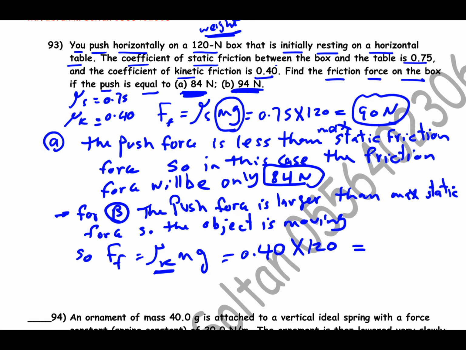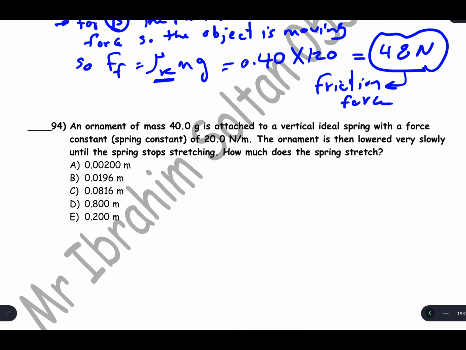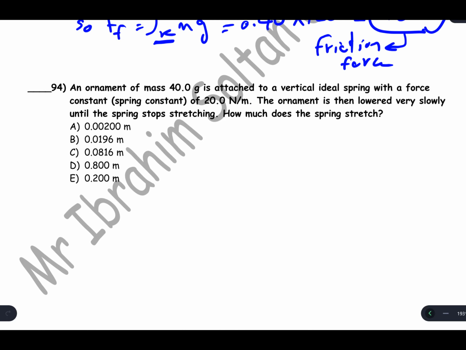So 0.40 times 120 equals 48 Newtons. This is the friction force. As you see, the friction force becomes less while the object is moving. I hope you understand this idea, guys. It is important. Let's go to the next problem.